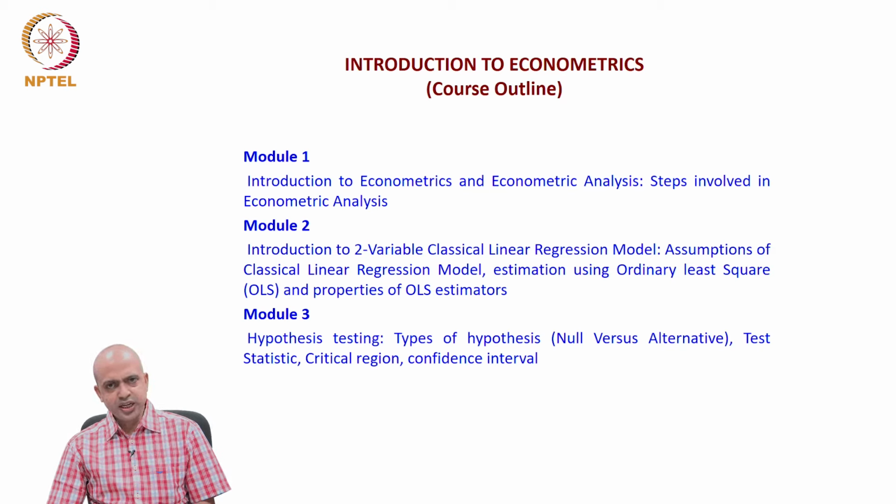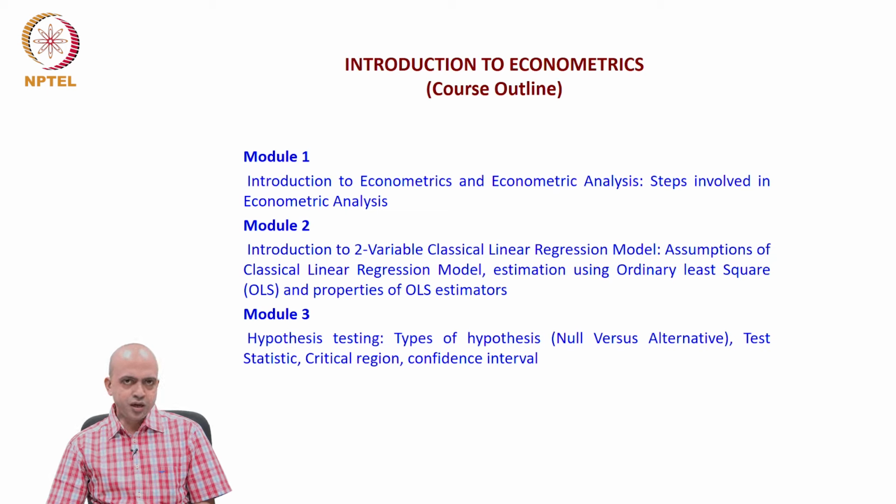Econometrics is basically an application of mathematical and statistical tools with the objective of measuring the empirical validity of economic theory. That is the definition of econometrics. Several econometricians say that econometric analysis is just like a scientific analysis.